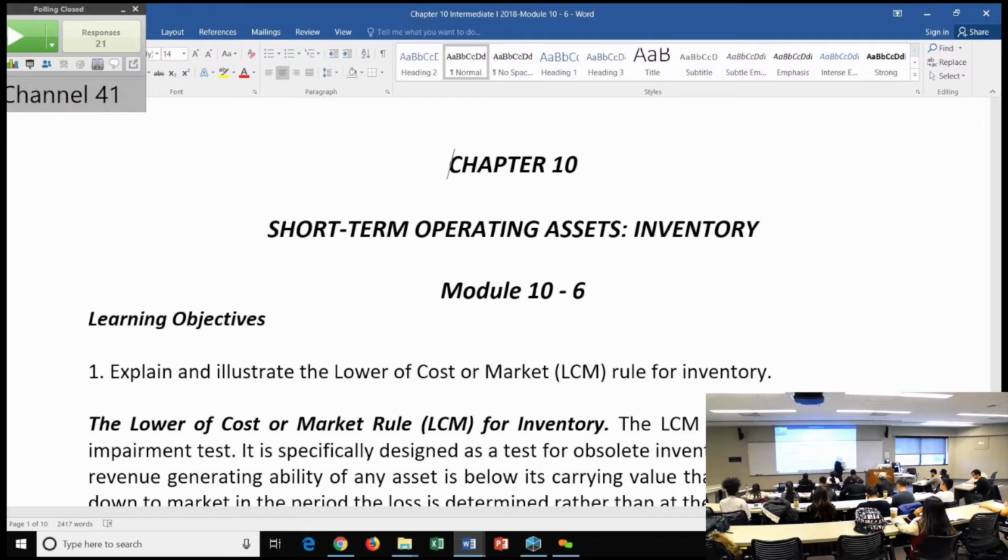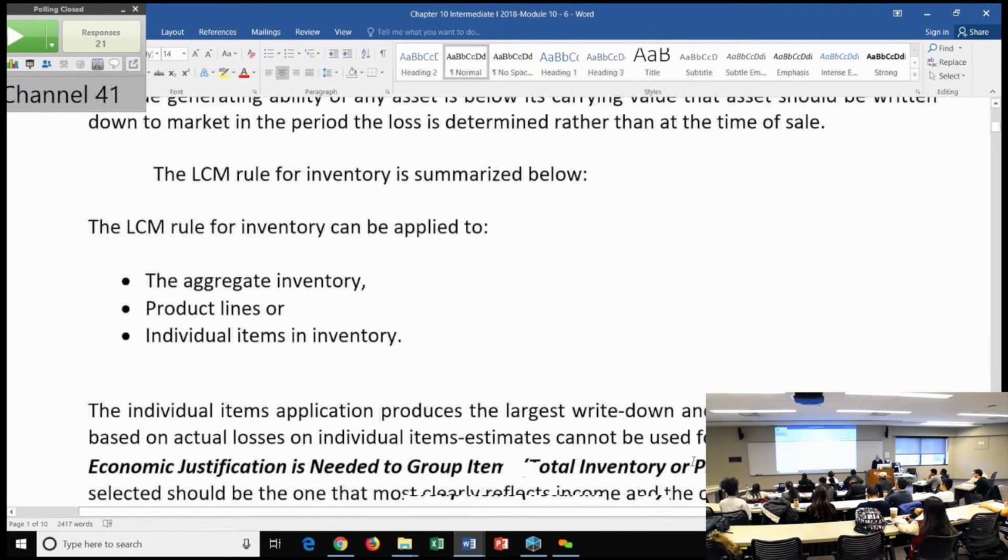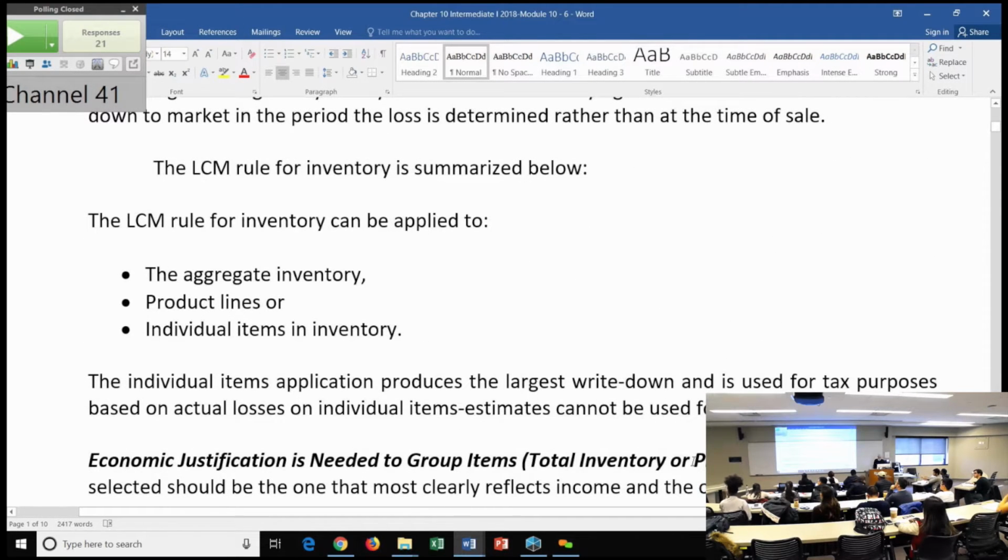And as I said before, when we looked at the balance sheet, a reader has the right to assume that the values on the balance sheet represent the minimum cash that you could realize from using or selling that asset. Now, as we also mentioned, we're going to apply lower of cost or market. It could be applied to all your inventory, everything you have in inventory. It could be assigned to product lines or individual items.